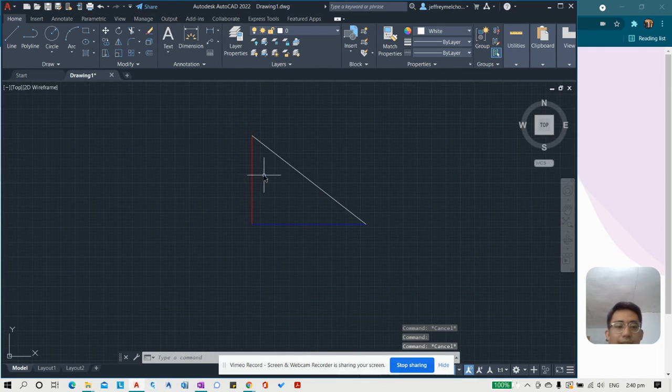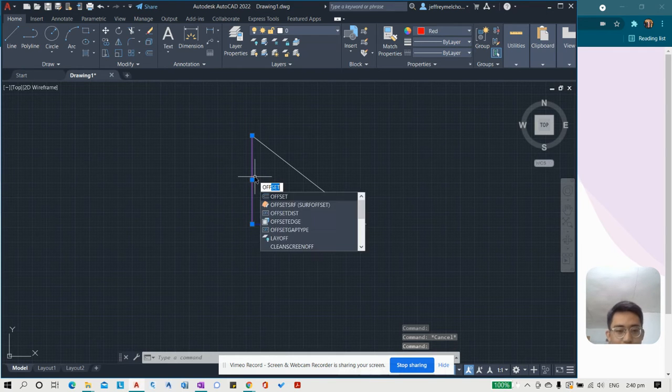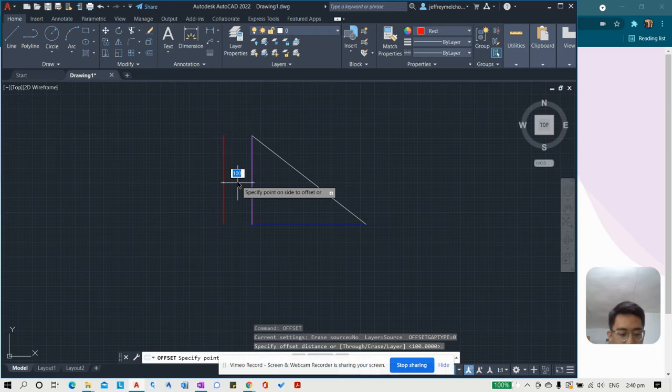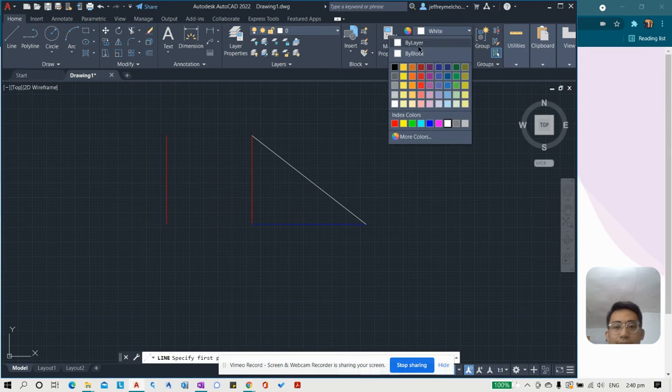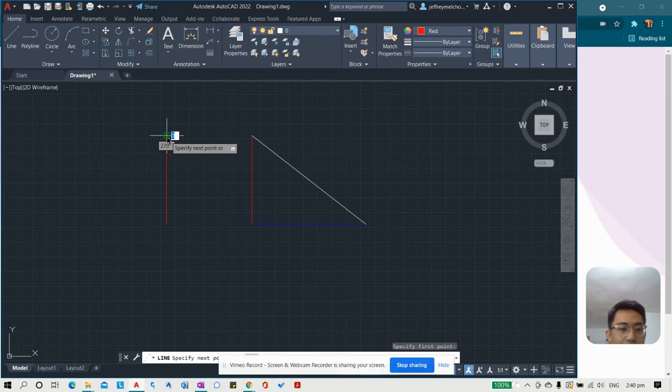So first, let us square all the sides one by one. First, let us square this side. We know this side is what? 300 millimeters. So, offsetting by 300 and connecting the lines, we obtain the square of this side.